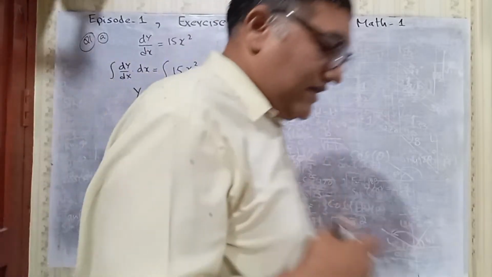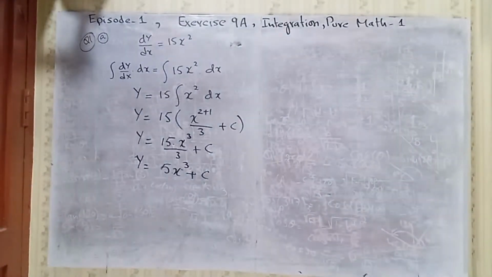So y in terms of x will be 5x cubed plus c. This is how you integrate. I have checked the answer, and this answer is right.